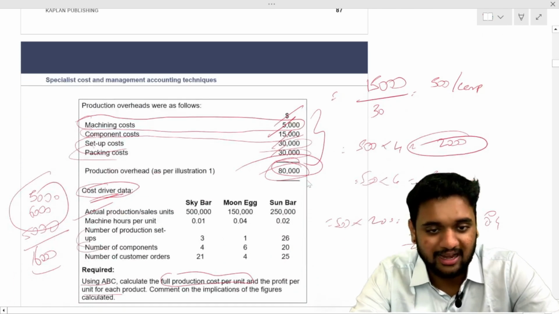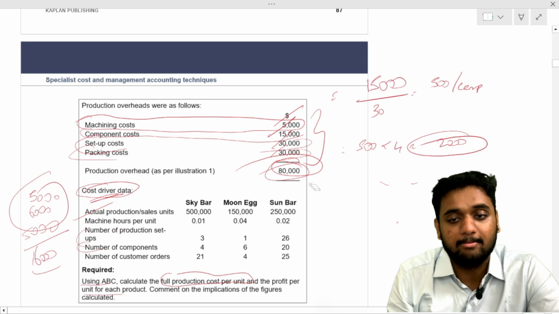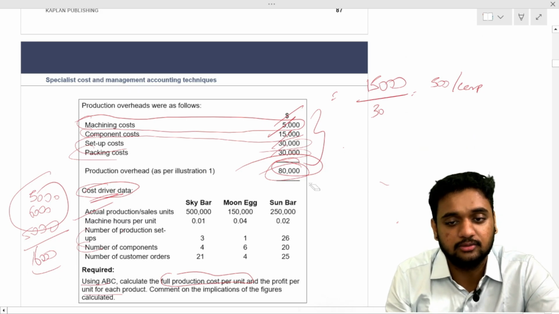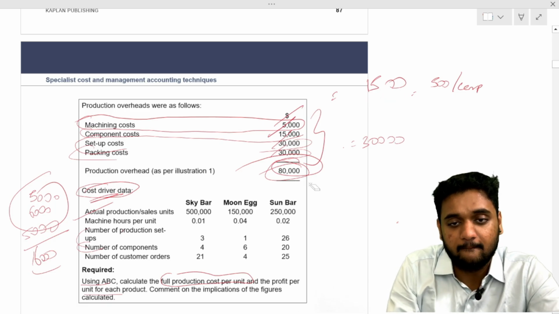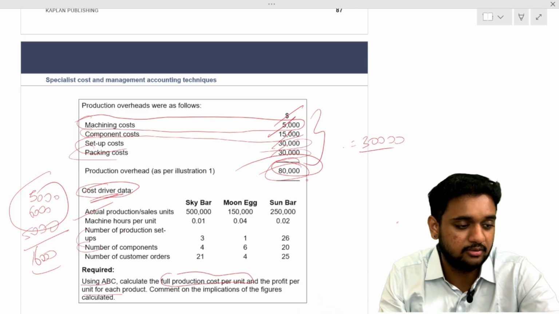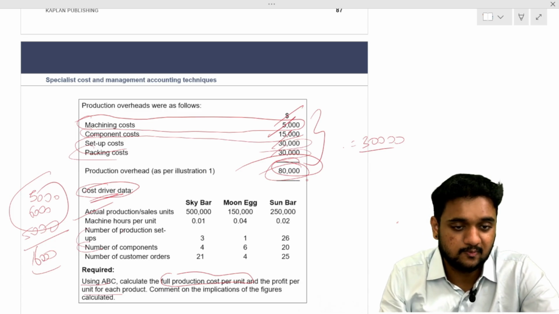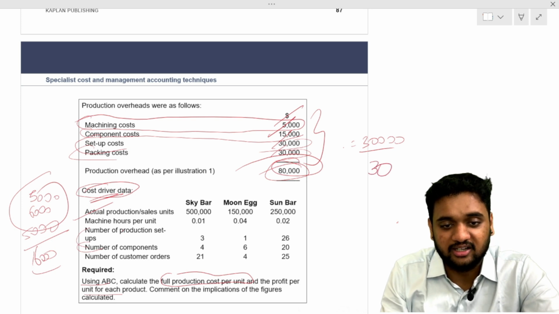Okay. Next, what is the next cost? Setup cost. What is the setup cost? 30,000. What is the respective cost driver? Number of setups. What is the total number of setups? 3 plus 1 plus 26. 30 setups.